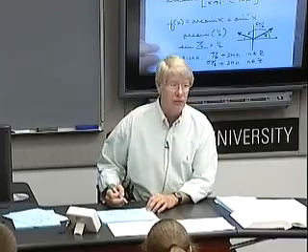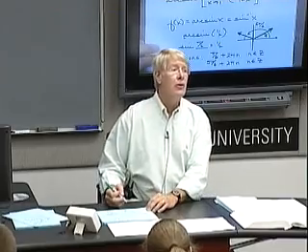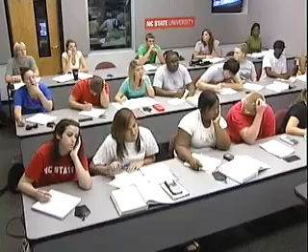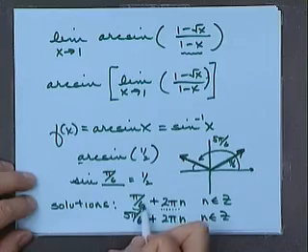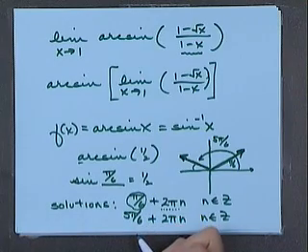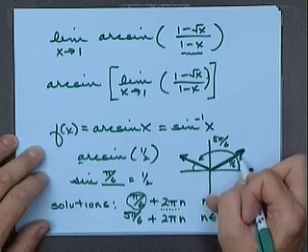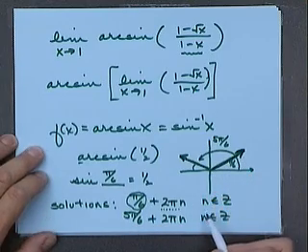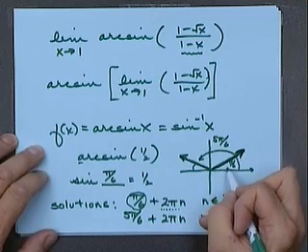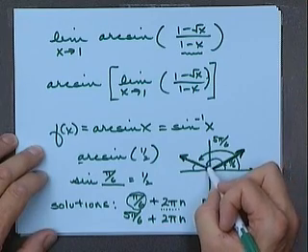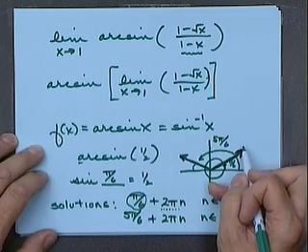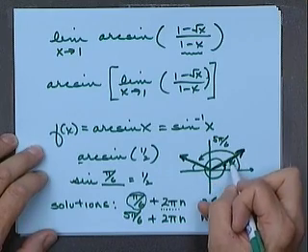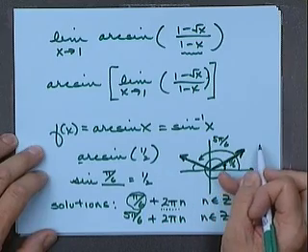Yes, Alyssa. Where did you get the n from? The n, this part. So we know that the sine of pi over 6 is 1/2. We want all the other angles that terminate right here in the plane to also be a part of this solution. So if I came up pi over 6 and went around another 2 pi, I would be back at this place. Or if I went 2 pi the other direction, I'd be right here.